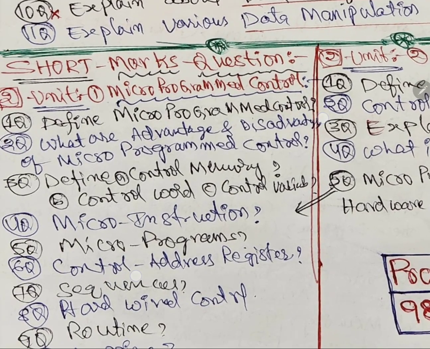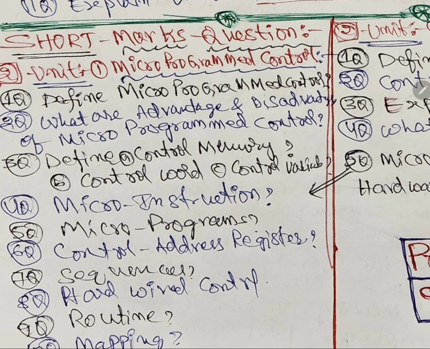And now coming to short questions, microprogram control. Then we have: what are the advantages and disadvantages? See, this is out of syllabus. Advantages and disadvantages of microprogram control, out of syllabus. You need to write this in your own words. We can design hardware diagrams and microprogram diagrams, and with microprograms we can design the circuits, gates and all.